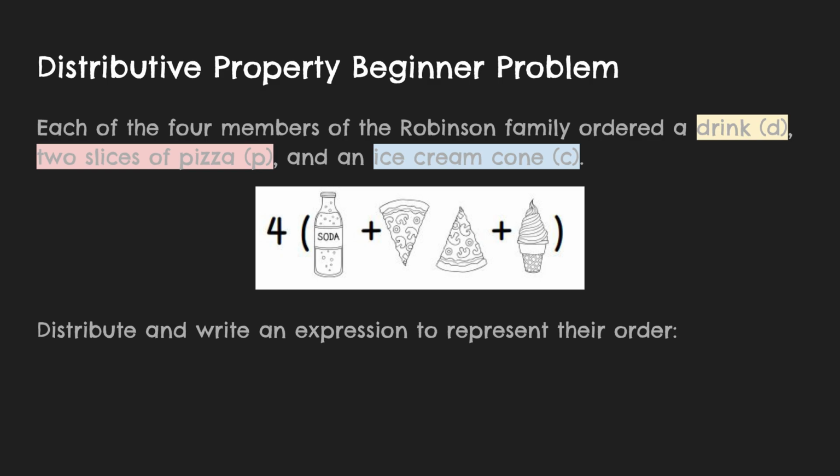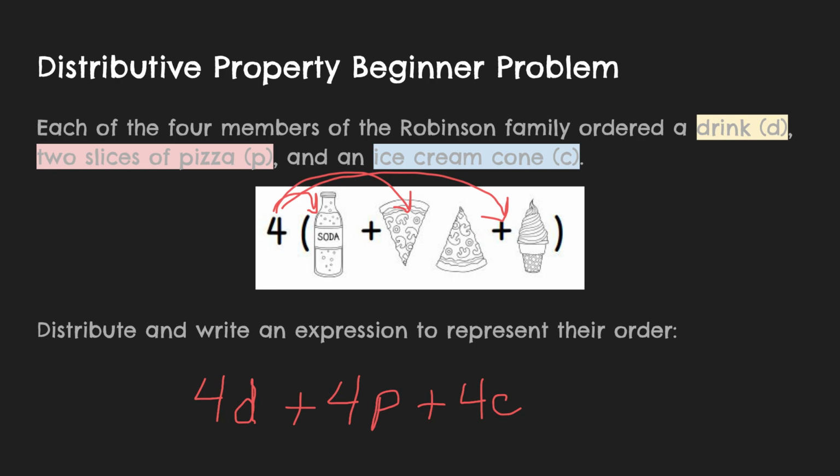Okay, so there's 4 people. What I would think is there's 4 drinks, 4 sodas, plus there's 4 sets of pizza, 2 slices of pizza, plus 4 ice cream cones. So notice we did 4 times this, 4 times these, and then 4 times ice cream.